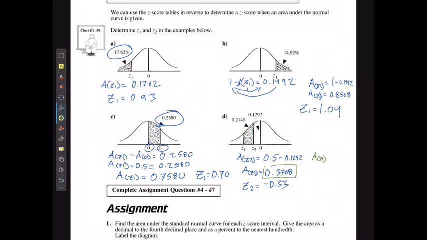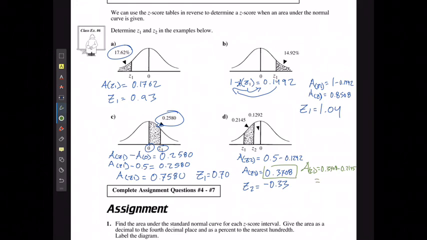So the area of Z1 would be the same as 0.3708 minus 0.2. I'm going to write this a little bit bigger. Area of Z1 is 0.3708 minus 0.2145.